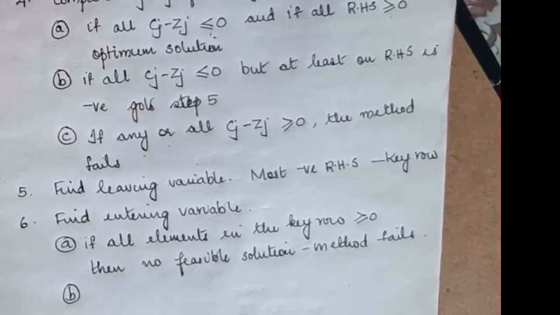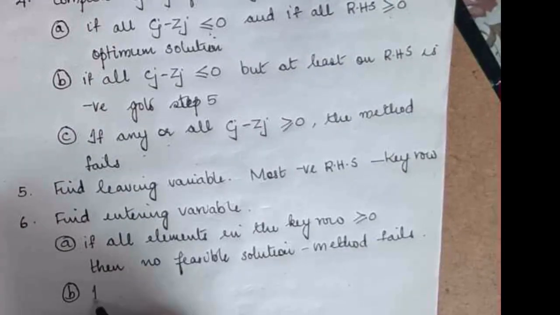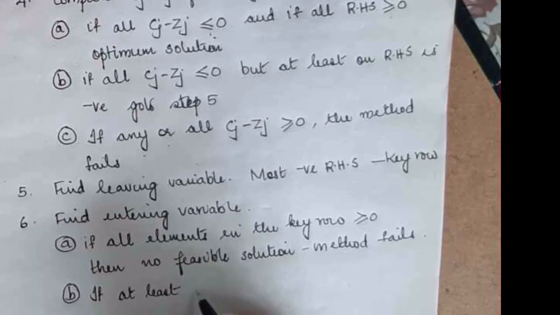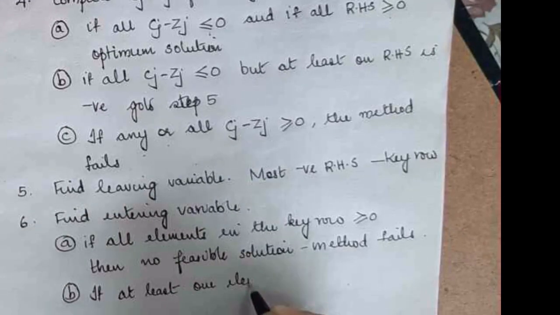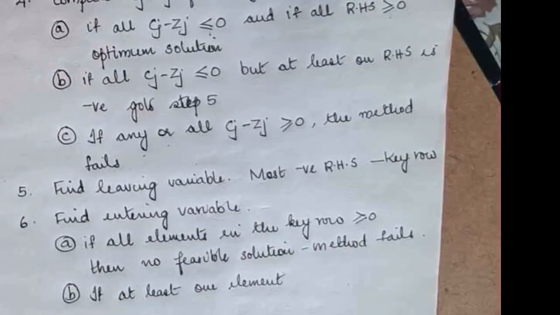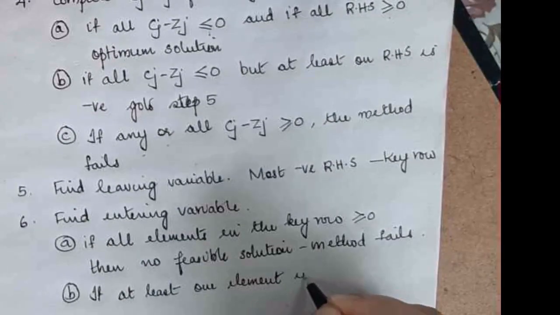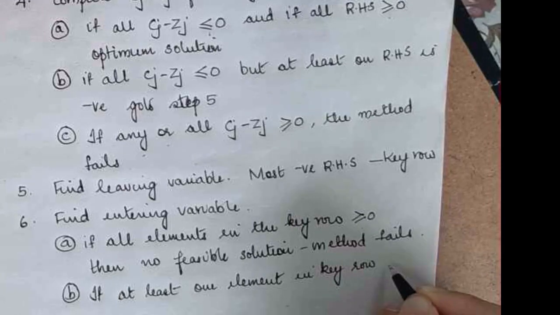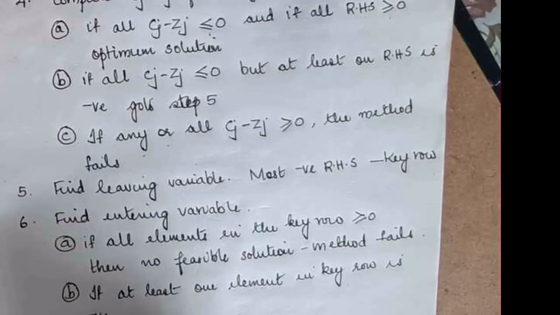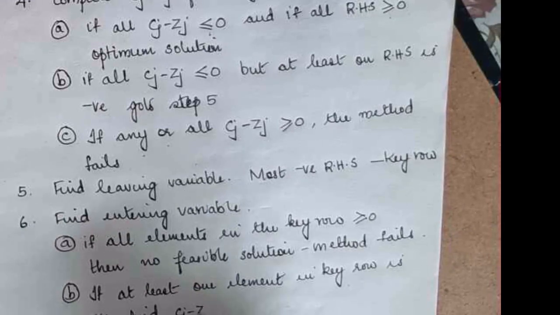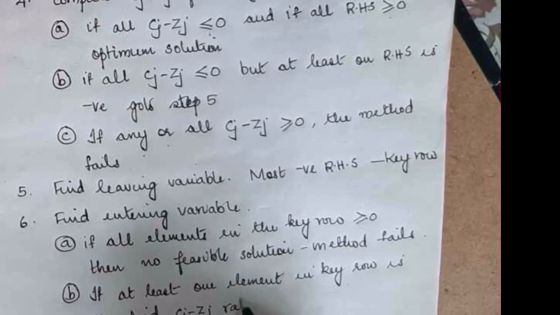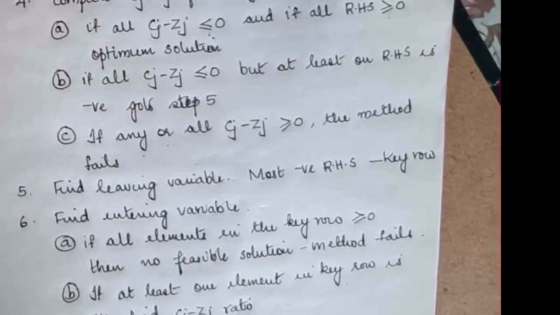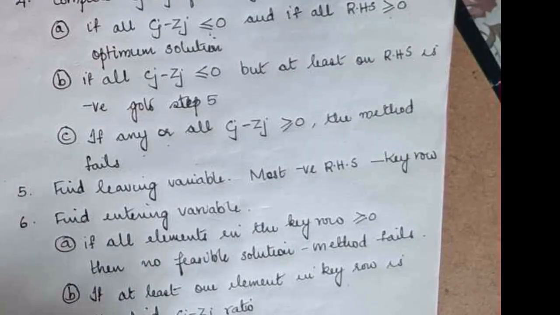Second condition, if at least one element in the key row is negative, find the Cj minus Zj ratio. You have to find the ratio below. Okay, that's why we said RHS in the previous condition.